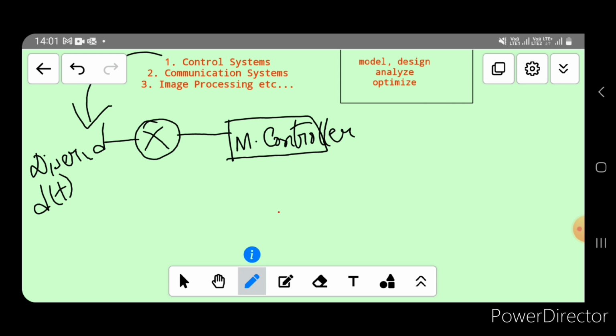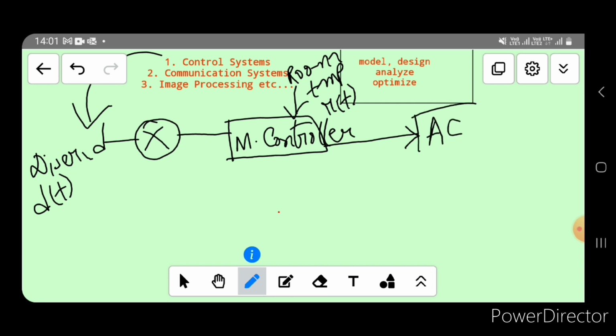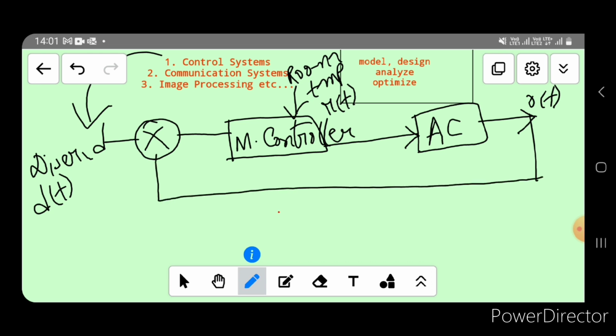In the microcontroller, our system takes another signal, that is the room temperature. Suppose r(t) is the second signal. Then these two inputs go to our conventional air conditioner. It generates output o(t) and it again comes back as feedback to our summing point.